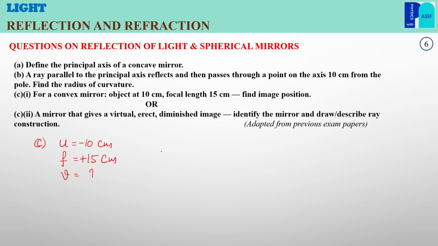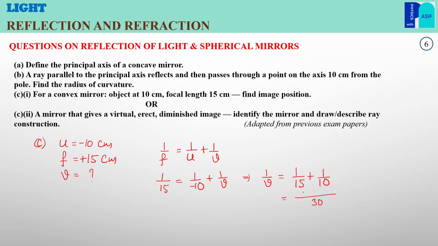We write down the mirror formula, 1/f = 1/u + 1/v. That is 1/15 = 1/(-10) + 1/v. Now if we solve for v, 1/v = 1/15 + 1/10. The LCM of 15 and 10 is 30.